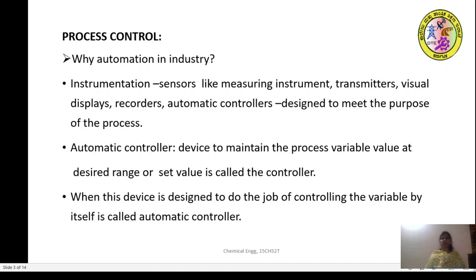When this device has been designed to do the job of controlling the variable by itself, then we call it an automatic controller.